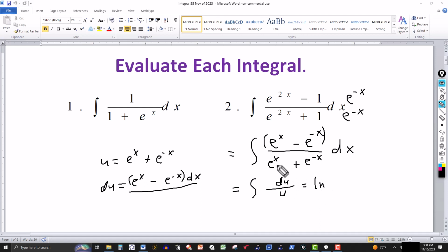But again, e to the x plus e to the minus x is never going to be negative, so I don't need absolute values in this one. That'll just be natural log of e to the x plus e to the minus x. We have plus the constant of integration. So ln of parentheses e to the x plus e to the minus x, plus C. That's your answer. Thanks for watching. We'll see you next time.